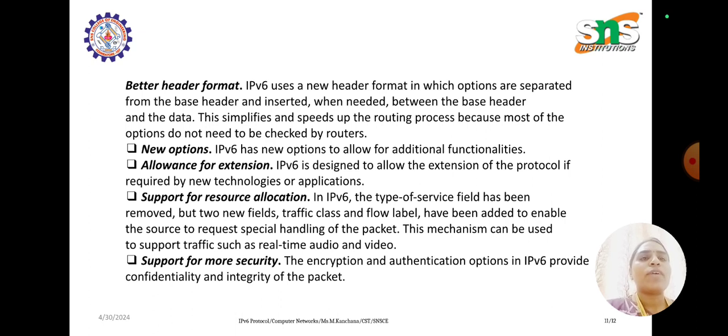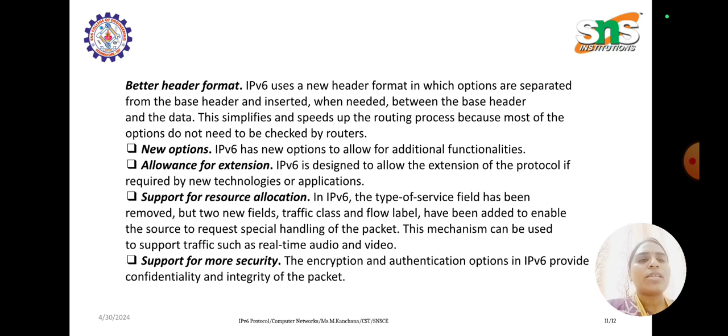This simplifies and speeds up the routing process because most of the options do not need to be checked by the routers. IPv6 has new options for additional functionality, and it is designed to allow the extension of the protocol if required by a new technology or application.